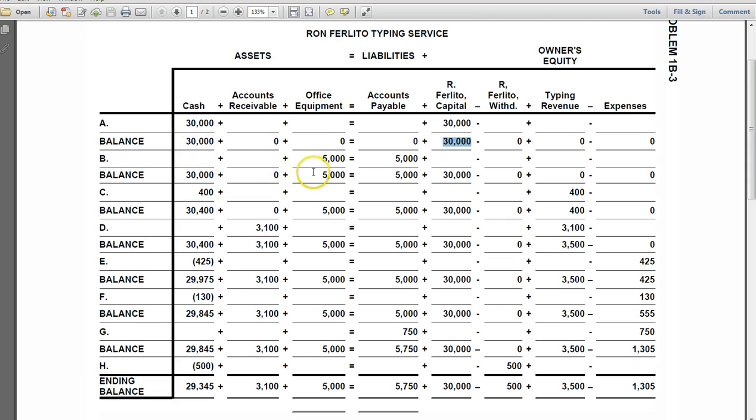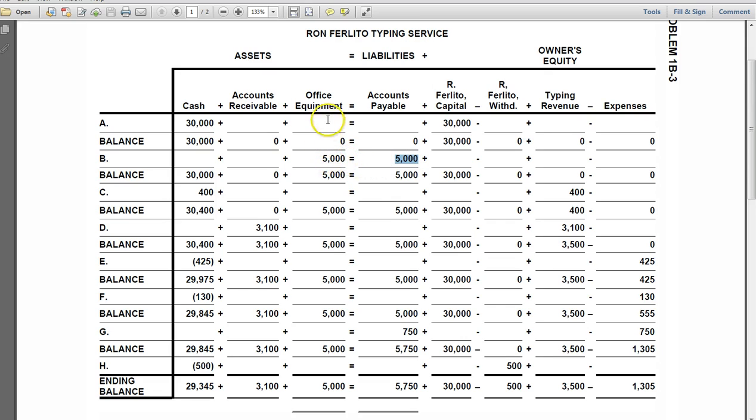The next transaction, I have it in front of me: bought new office equipment on account. That's a credit purchase, so we have to add to office equipment. Next chapter, we'll be debiting to add to an asset, and then of course the liability goes up, so we have to balance on the other side by showing the increase in accounts payable.